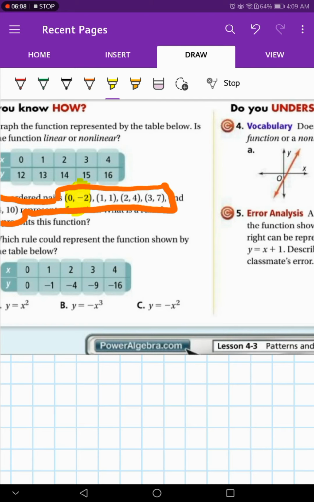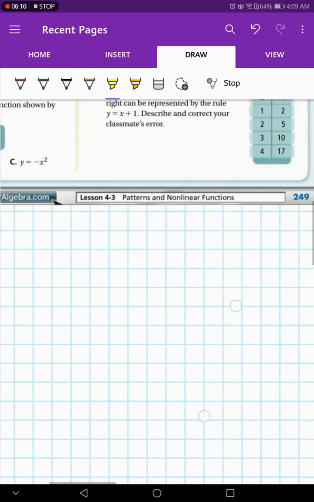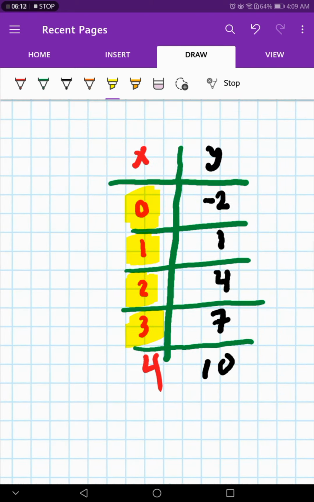You see this 0 and -2: I write 0 under the x and -2 under the y, and the rest of the ordered pairs I do the same. Don't be confused about where I get this table. I get it from the ordered pairs in the question.